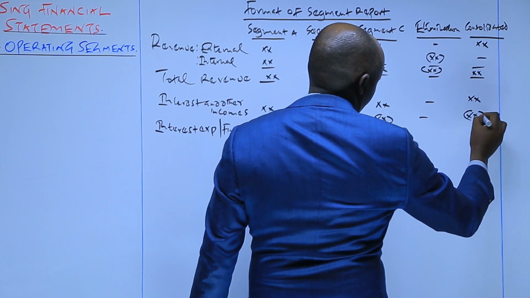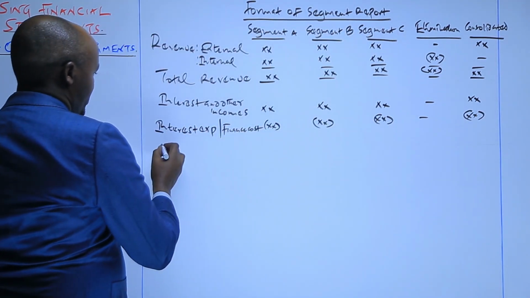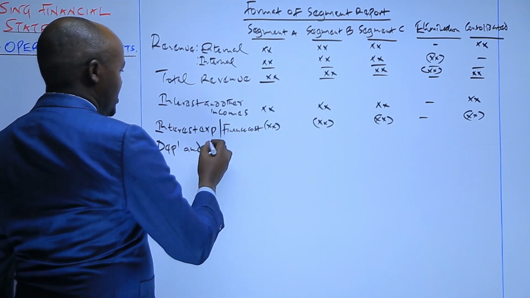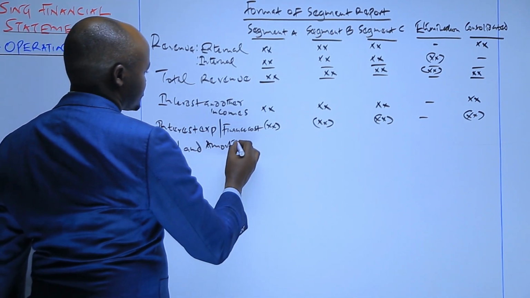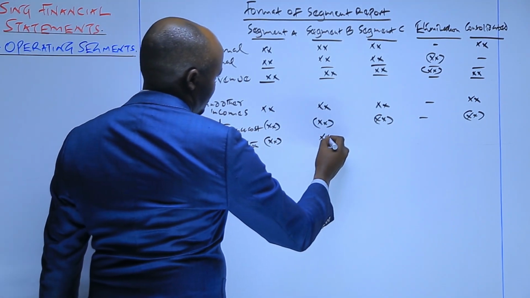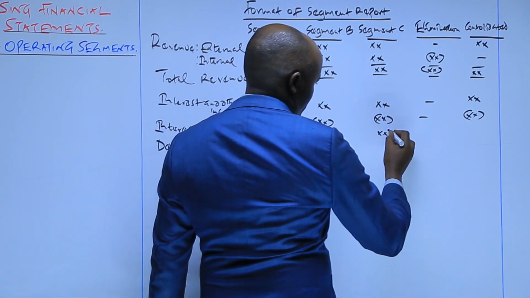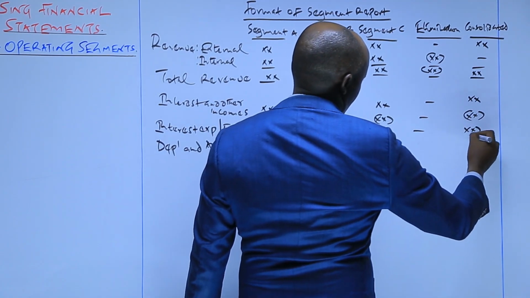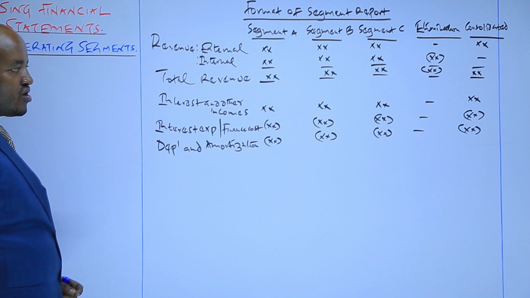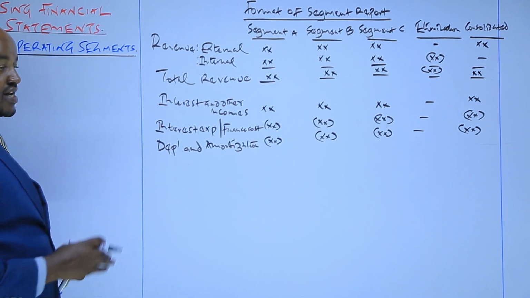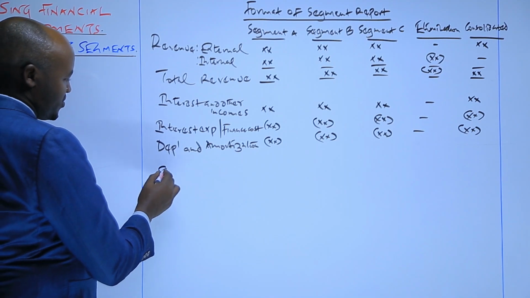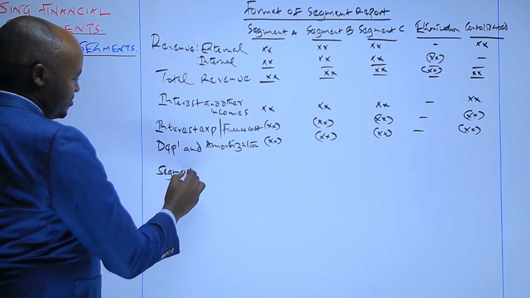We get the total, we take it to the last column, and we also record information about the depreciation on PPE and amortization of intangible assets. Still, these are costs. We record the depreciation and amortization for each segment as a negative, and then we get the total and take it to the last column. Next, after recording those items of income and expenses, we proceed and record information about the segment profit.